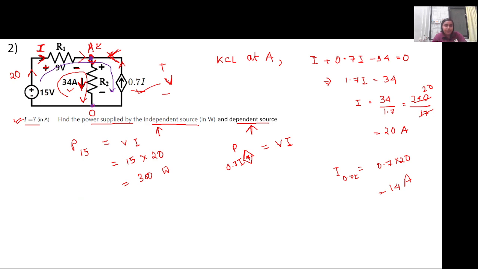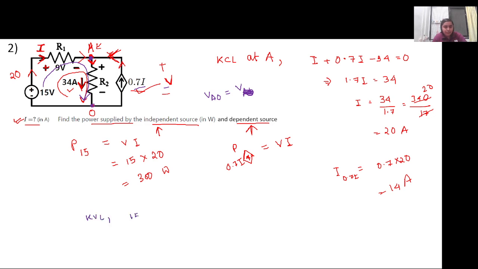So VAO is equal to the voltage that we have assumed across this 0.7 I current source. So when we apply KVL in this shorter loop, we'll be able to calculate this voltage V.